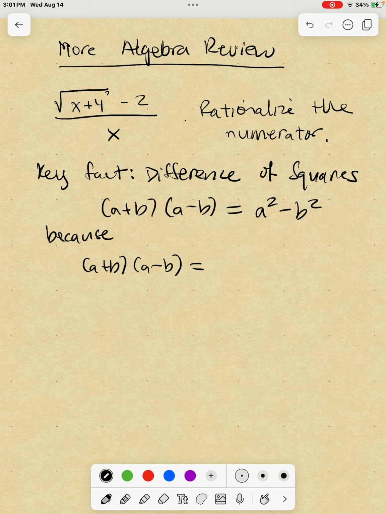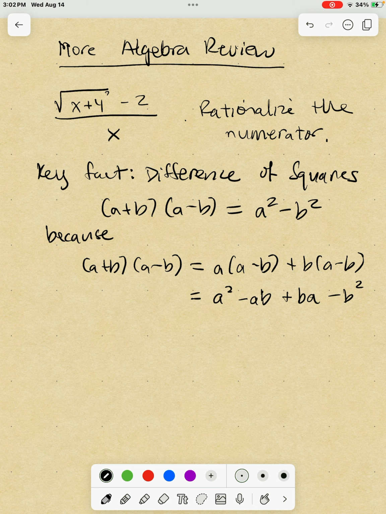This is a times a minus b plus b times a minus b. Now if I distribute, I get a times a is a squared, a times minus b is minus ab, then I have plus ba, and then minus b squared. Minus ab plus ab is 0, so I get a squared minus b squared.